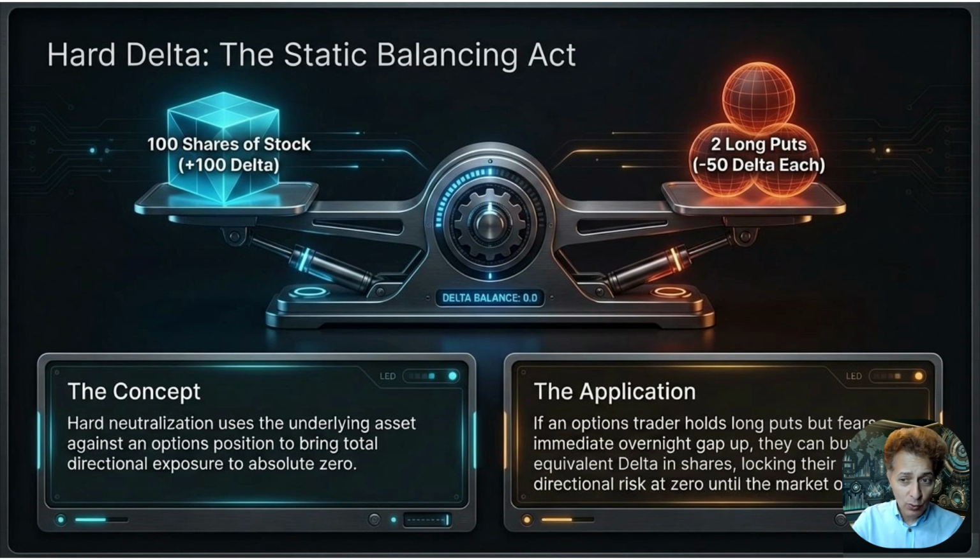If I buy 2 at the money puts, they will bring in negative 50 delta each, that's negative 100, which together with my 100 shares of stock, which is positive 100 hard delta, I would now be delta neutral at a portfolio level by doing that. So now you don't care if the market goes up or down, you don't profit, you don't lose, you basically froze the performance.